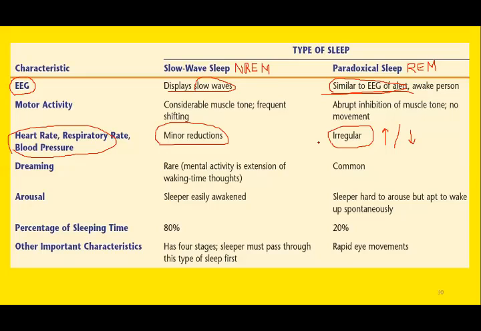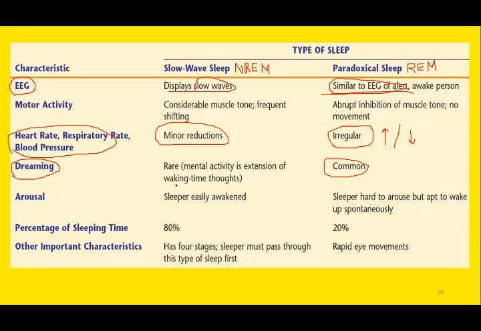Now, another important difference between the two types of sleep is the presence or absence of dreams. Dreaming is much more common during REM sleep. Most of the dreams occur during the REM stage, and we rarely observe dreaming during non-REM sleep.